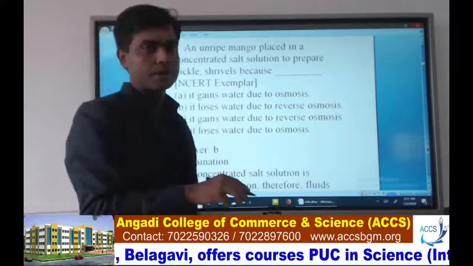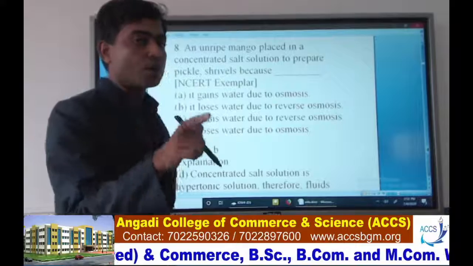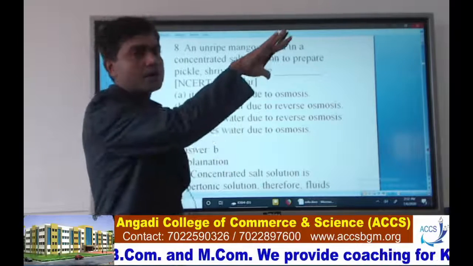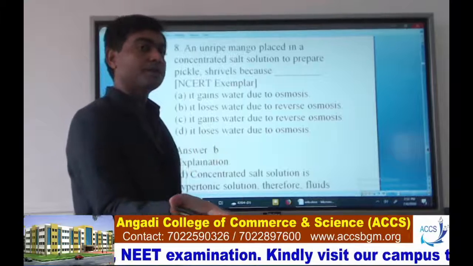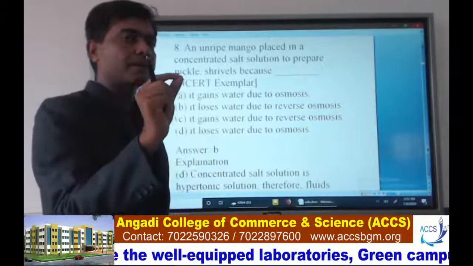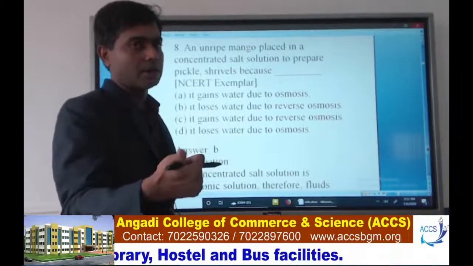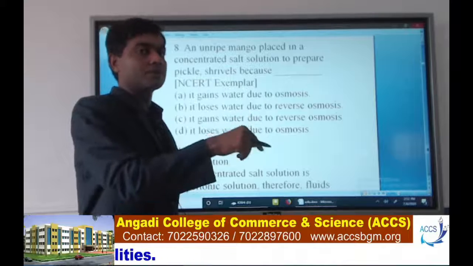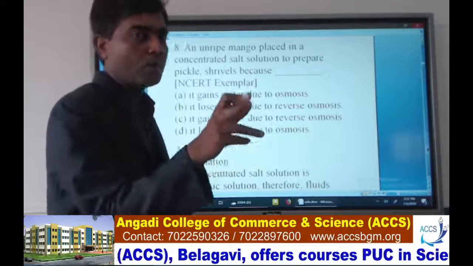Here 2 words you are seeing. One is osmosis, another is reverse osmosis. Osmosis means higher concentration to lower concentration. Reverse osmosis means lower concentration to higher concentration. When you compare salt and mango, which will have a higher concentration? Salt. And mango will have a lower concentration. Therefore, whatever liquid is present in the mango will go outside.